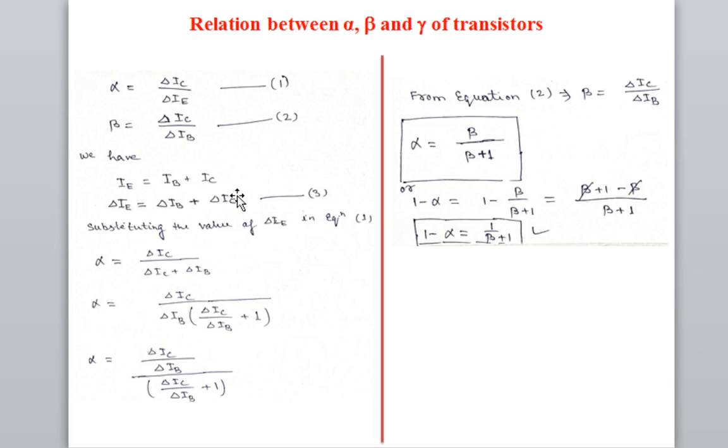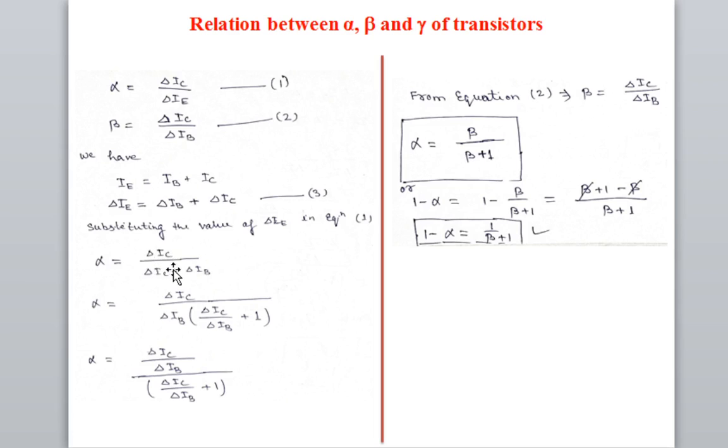Now take the first definition, that is alpha. Alpha is equal to delta IC upon delta IE, and in place of delta IE we can write delta IB plus delta IC. That is what I did. Alpha is equal to delta IC divided by delta IC plus delta IB.